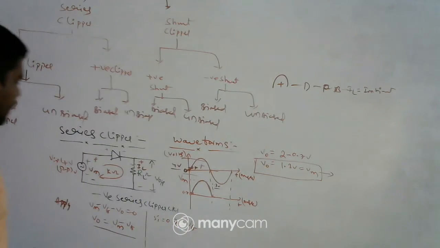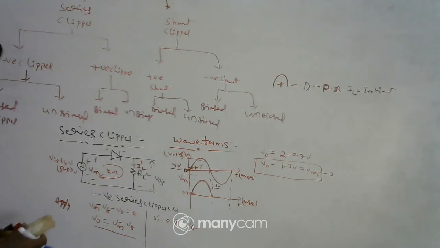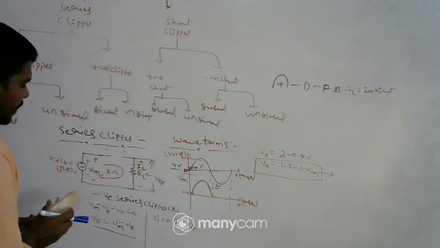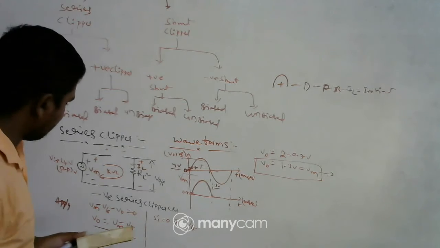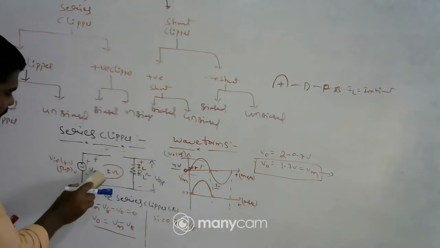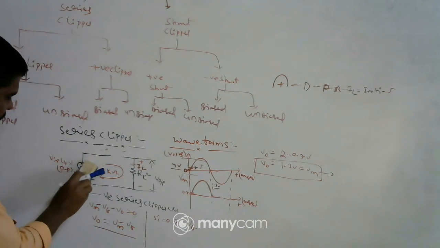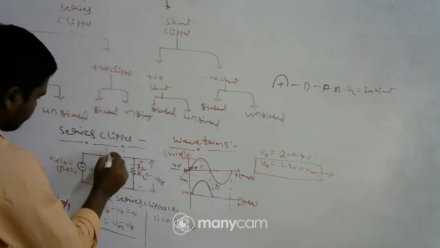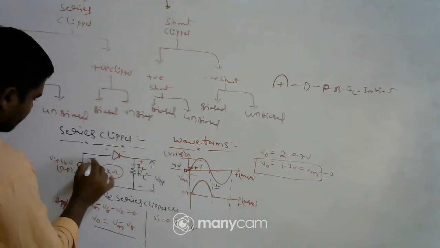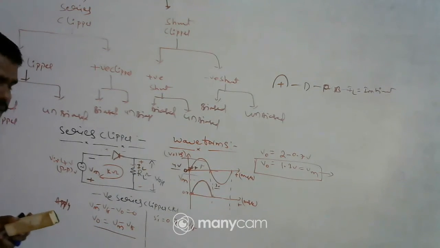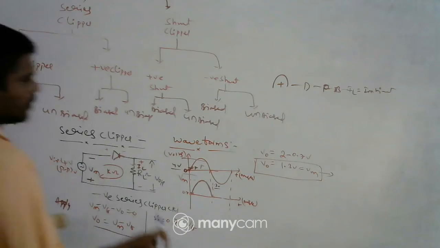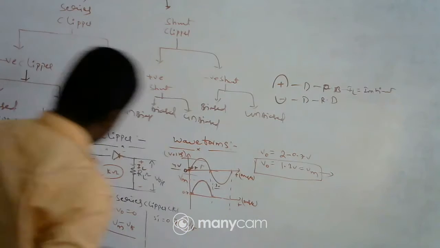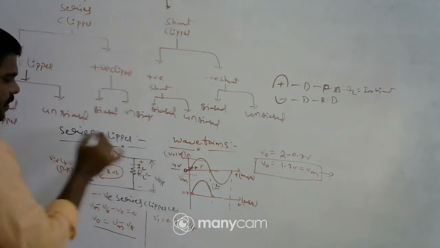Next, the positive series clipper means just change the diode direction. So what about in reverse bias? What happens in a negative half cycle? For a negative half cycle, polarities become negative and positive, with negative connected to the P region and positive connected to the N region.